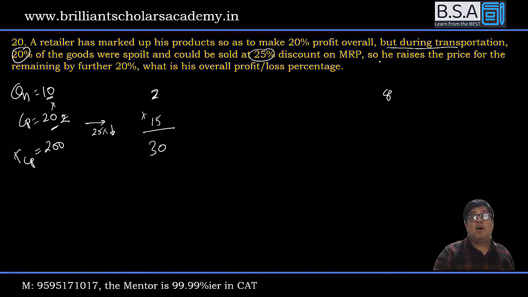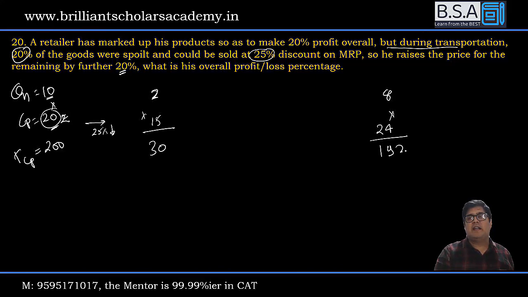Now, on the remaining, he further raises 20%. He further increases 20% on these. So what is 20% of this? 4 rupees. So he increases it to 24 rupees. Multiply: what is 8 into 20? 160. 4 into this, 32.